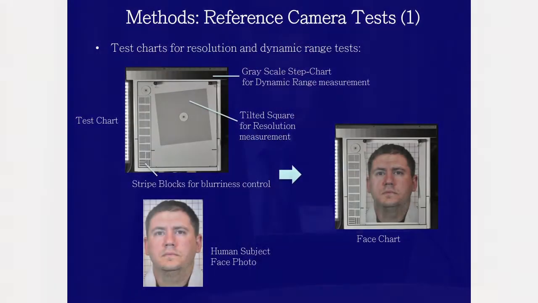Now, first of all, I'll describe the method of the reference camera test, and later we'll describe the sample camera test. So we'll use special test charts for the resolution and the dynamic range tests. You see the test chart. There's a slanted square.